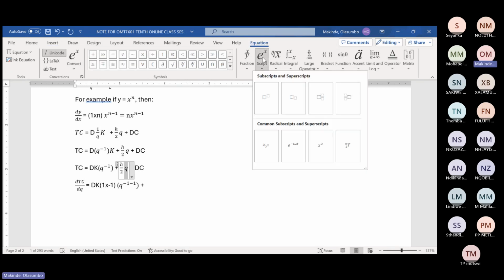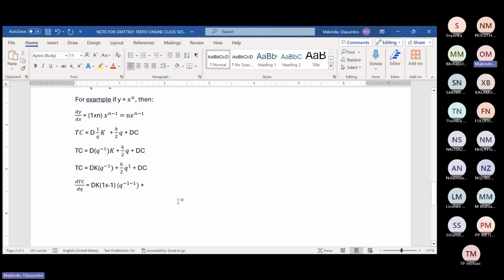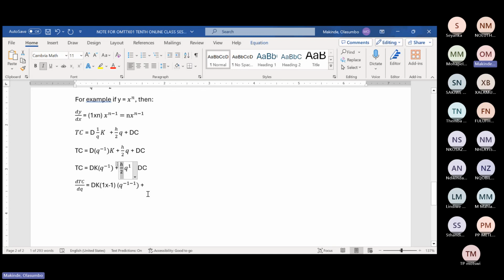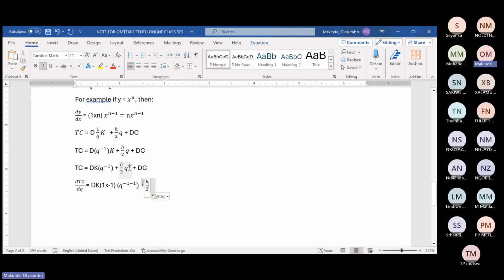Just differentiate the Q part and bring the h/2 down, like we did with the first one. Don't forget, before you go to the value in the power, you take the coefficient of Q raised to power 1, which is 1.